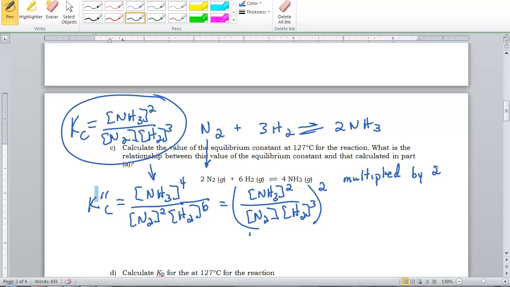Okay, so we multiplied the equation by a factor of 2. That shows up as an exponent because we raised to the power of the exponent, right? And so when you raise to a power, you multiply the exponent. So 2 times 2 is to the 4th, 2 times 3 is the 6th, and so on.